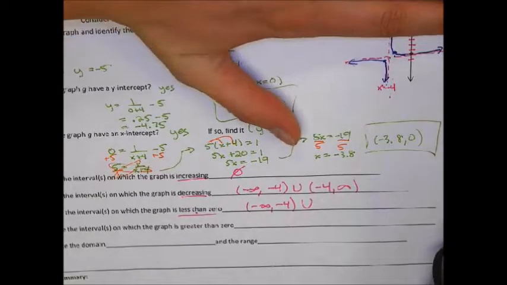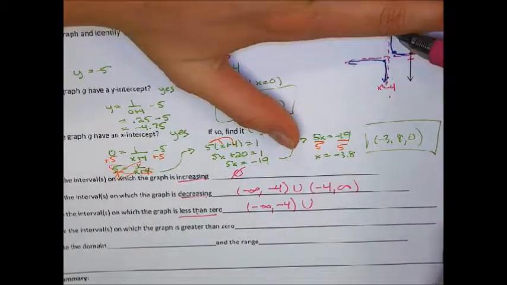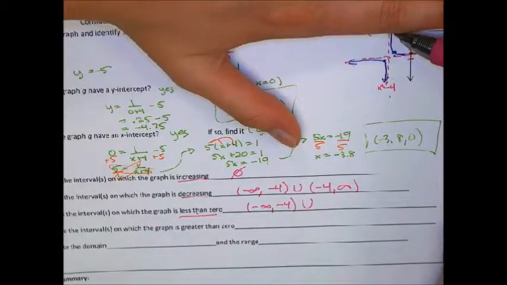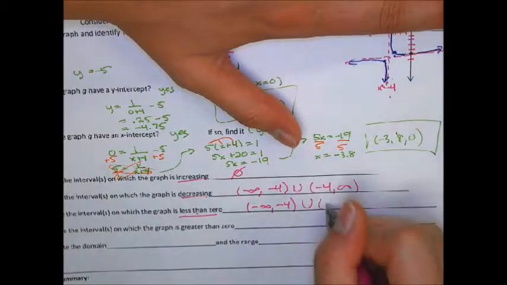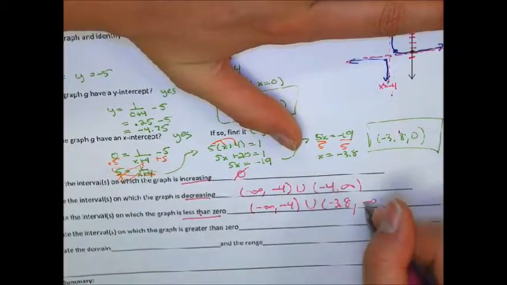So we're trying to look at this piece. So that's negative infinity to negative 4. And then this ends up being my x-intercept. What was my x-intercept? Negative 3.8. And I continue to be below to infinity.